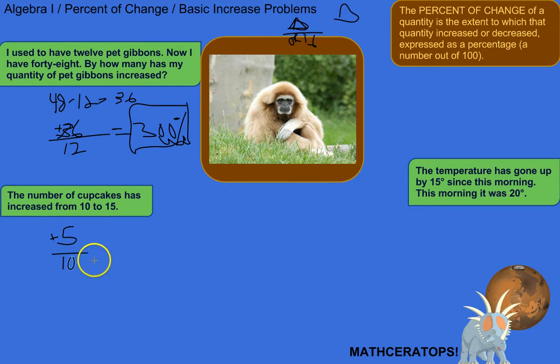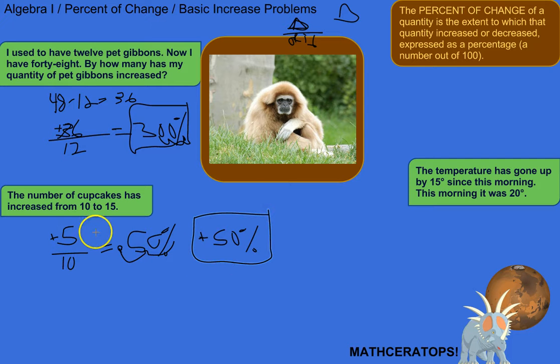Do it in your head or on your calculator. You get 0.5 as the decimal. Then to turn it into a percentage, you just move the decimal over to the right, and put a 0 when there's an empty space there. So the number of cupcakes has gone up by 50%.